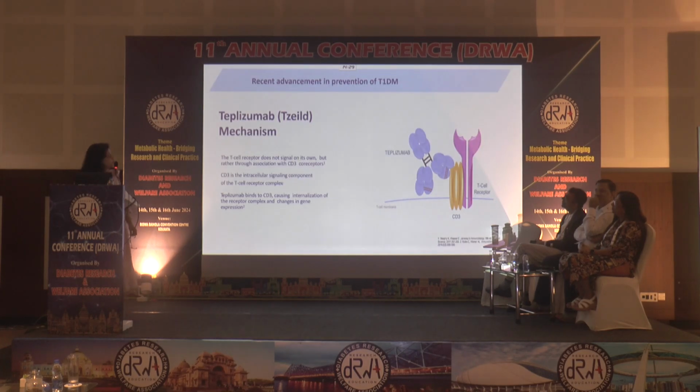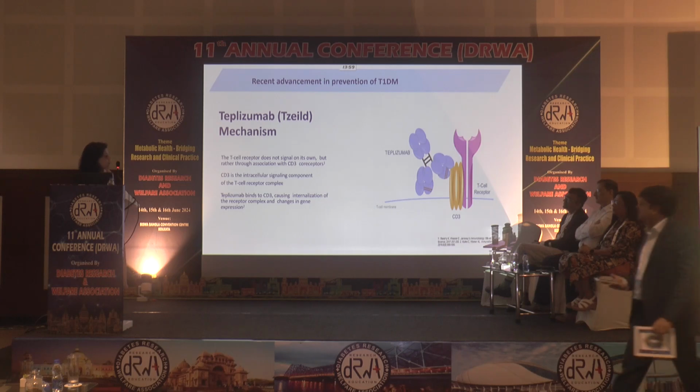So just before we go on, you should know the basics. The T cell receptor does not signal on its own. You can see the T cell receptor there, but it signals through association with CD3 co-receptors. The T cell is a lymphocyte. In the autoimmune process, CD3 is the intracellular signaling component of the T cell receptor complex, and the CD3 has to be attached to it.